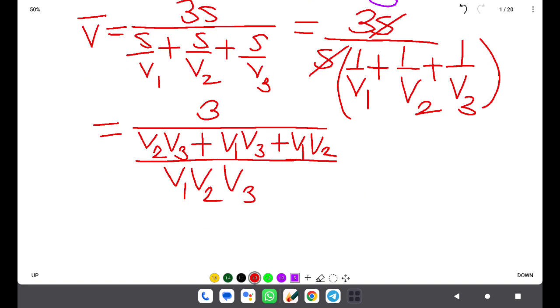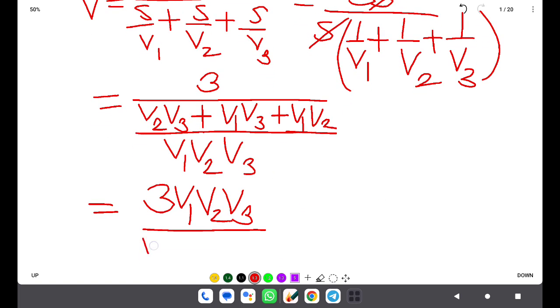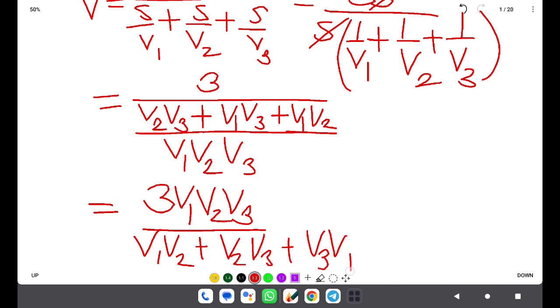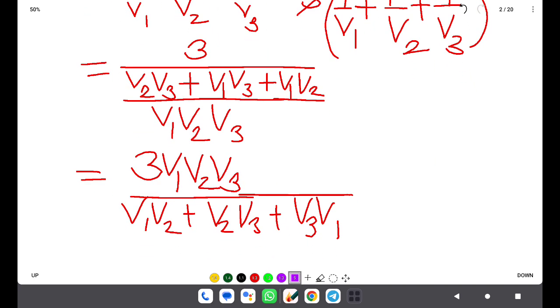So it becomes 3v1v2v3 by v1v2 plus v2v3 plus v3v1, rearranged in a systematic order. So this is the formula for calculating this.